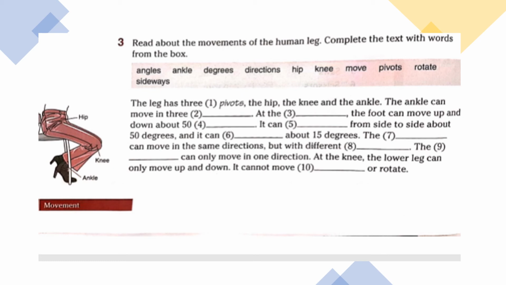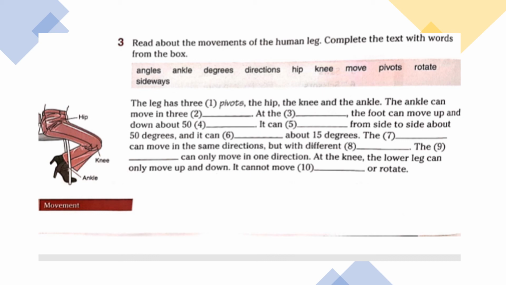Number 9, the knee can only move in one direction. At the knee, the lower leg can only move up and down. It cannot move sideways or rotate. Please pause the video for about 4 minutes. Try to complete the spaces, fill in the spaces, and come back later for checking the answers.